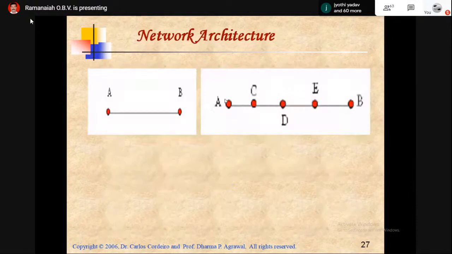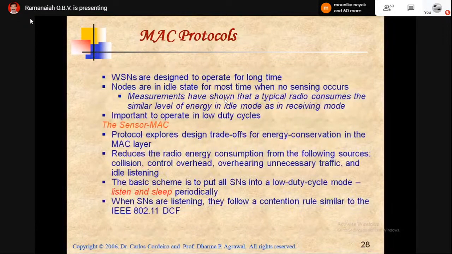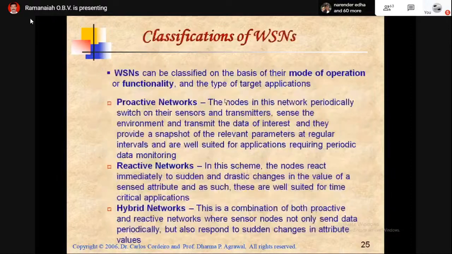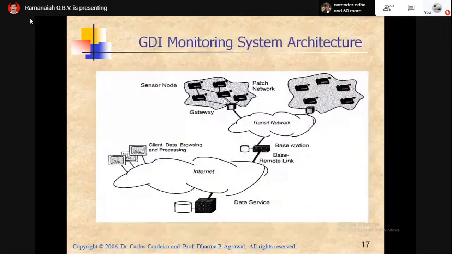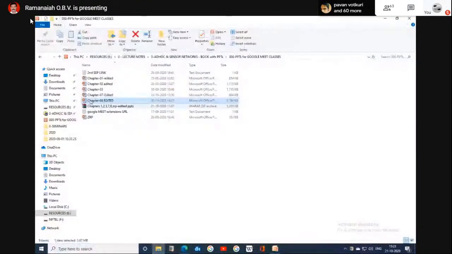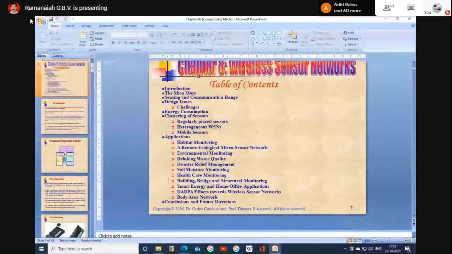Similarly, there are query types. I will come back to this. Query types is not indicated in this. Okay, I will see in another slide.